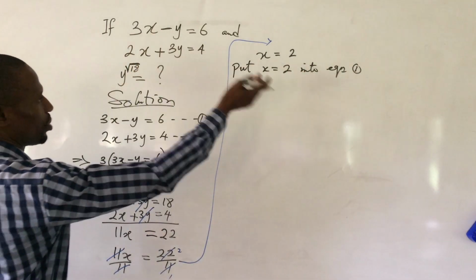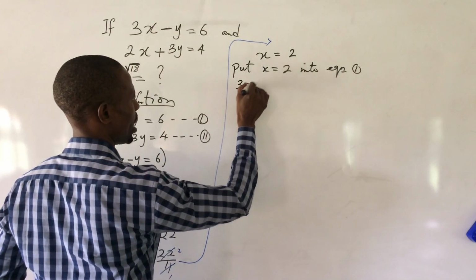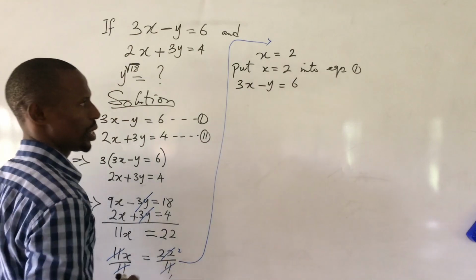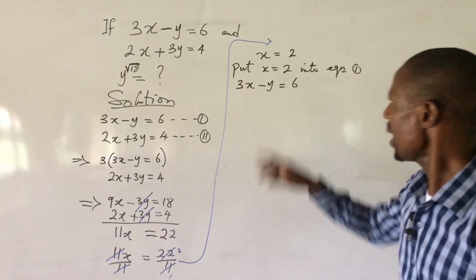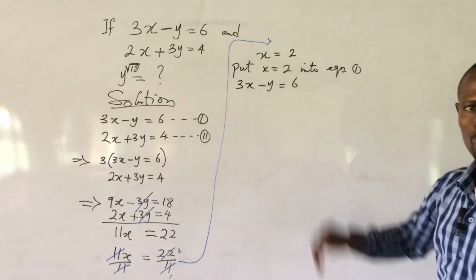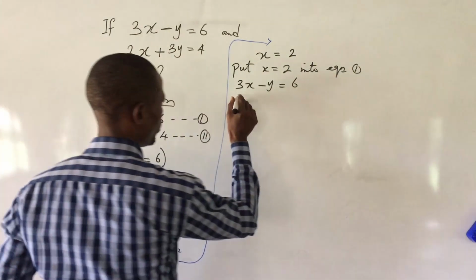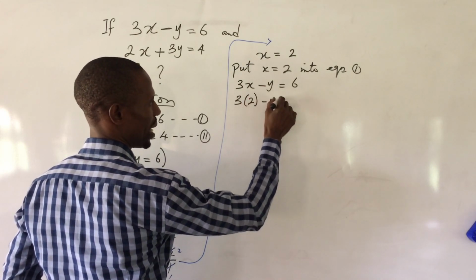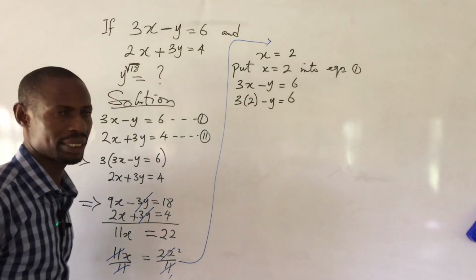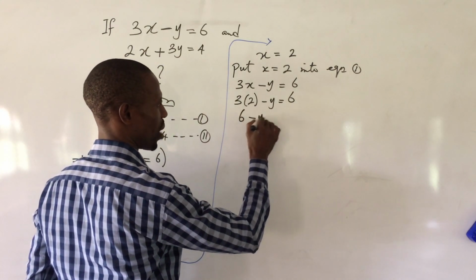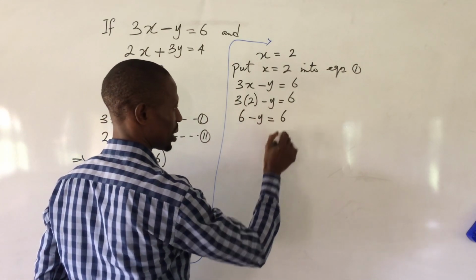We have to write out our equation 1, which says 3x minus y equal to 6. So wherever we see x in equation 1, we have to put the value 2 into it. So here we now have 3 bracket 2 minus y equal to 6. We open up our bracket to give us 6 minus y equal to 6.